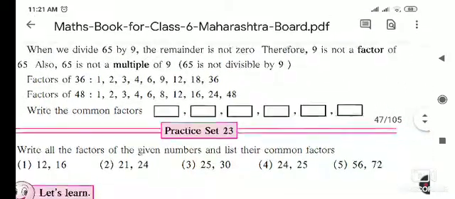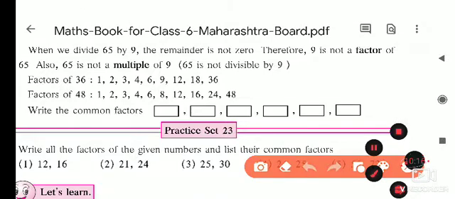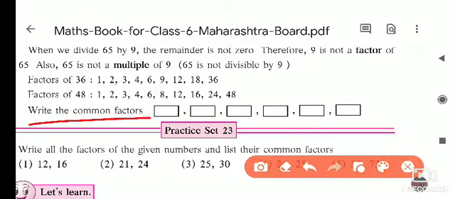Now in these factors, we have to find out which are the common factors. If you see here, 1 is common. Next, 2 is also a common factor. Next, 3 is also a common factor. We have to write down the common factors present in both the factors of 36 and the factors of 48.